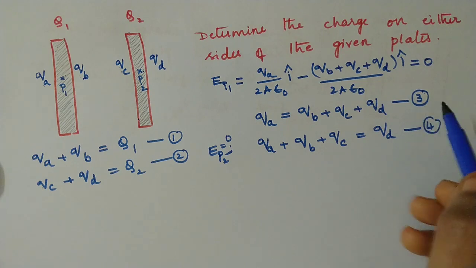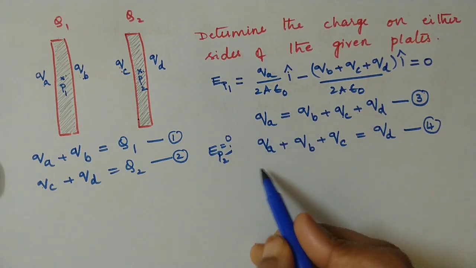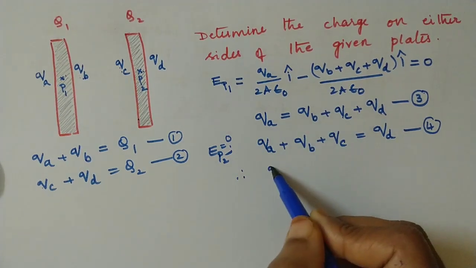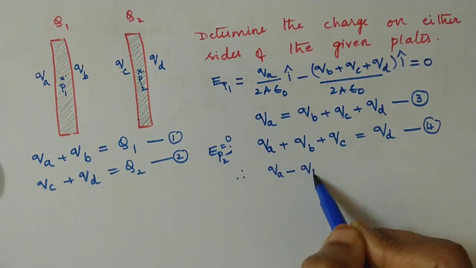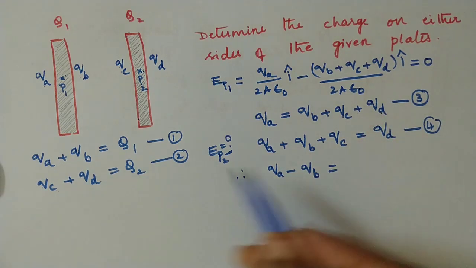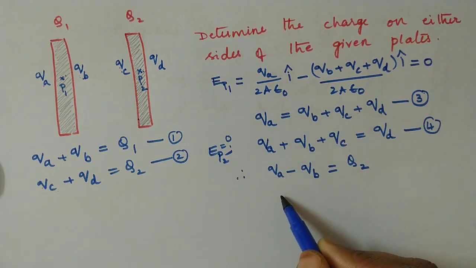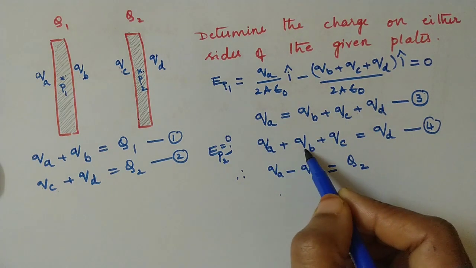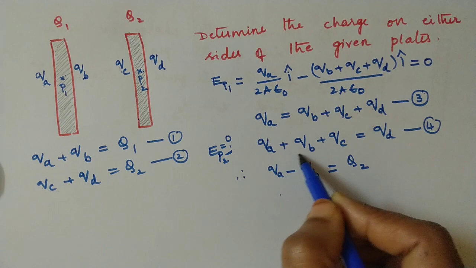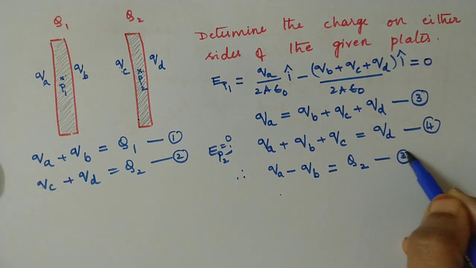Go to equation 3. Instead of QC plus QD, I can write it as Q2. Therefore, QA minus QB will be QC plus QD. We know QC plus QD is Q2. I'll call this 3 dash.